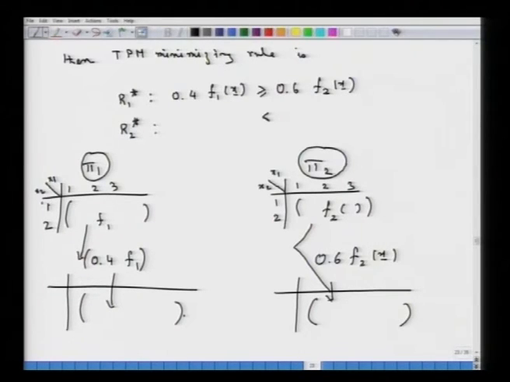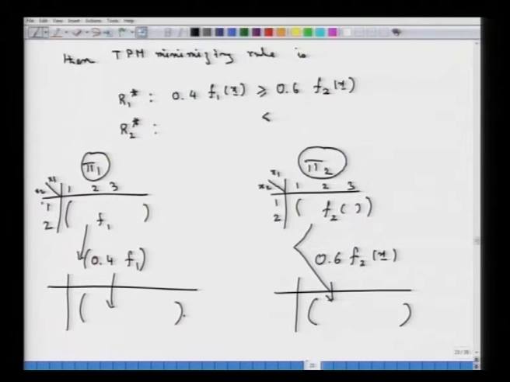If for some pairs this is satisfied, then for those pairs the assignment rule would be pi 1, and for the pairs for which these values are less than these values, that is this region, we will have the assignment rule to take it to pi 2. So, it is straightforward. This is for a discrete bivariate distribution setup. One can also have similar assignment rules when we consider multivariate distributions, for example multivariate normal distributions. We will see those later.